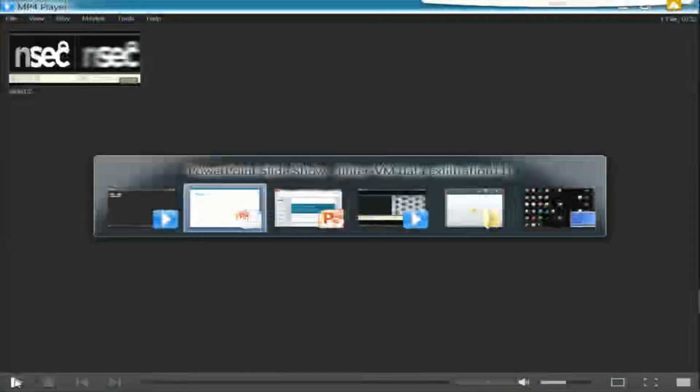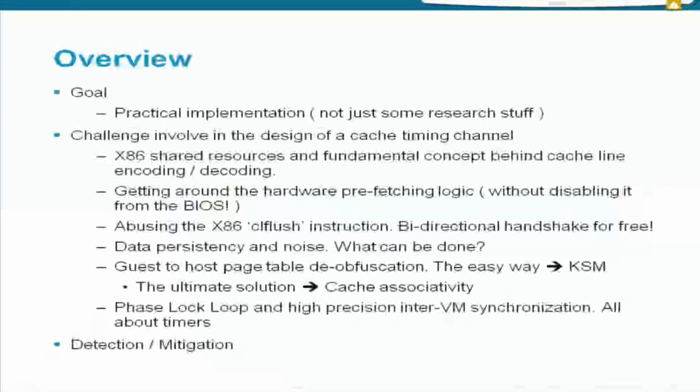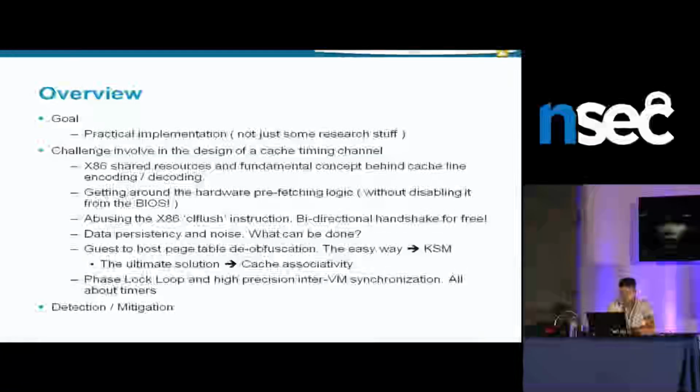All right, so let's go back to the talk here. Okay, so now you understand where I'm coming from with this whole thing and design. It's time for us to take a step back. My goal was to come up with a practical implementation, not just some research stuff.